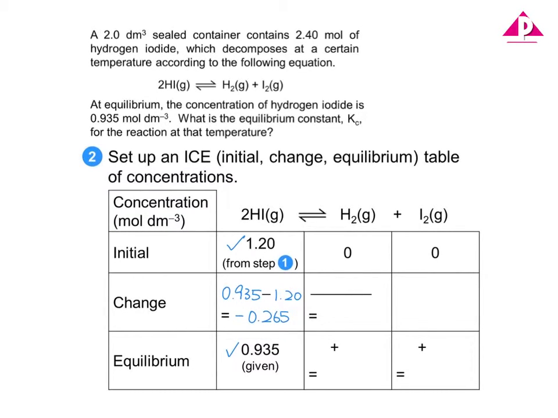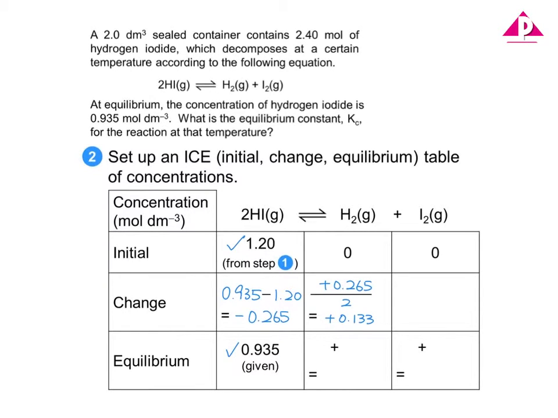According to the equation, when 2 moles of hydrogen iodide decomposes, 1 mole of hydrogen and 1 mole of iodine form. So the change in concentration of hydrogen is plus 0.265 divided by 2, which is plus 0.133 moles per dm cube.